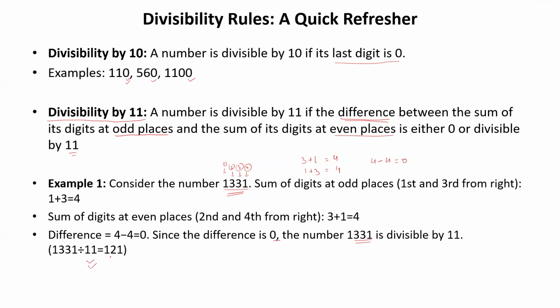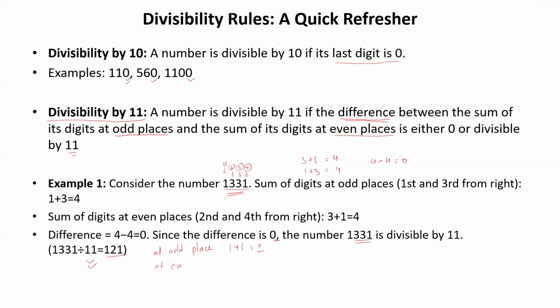Okay. Now check 121. So at odd places. What are the digits at odd places? Odd places means first, third, fifth place. So it is 1 plus 1, and that is equal to 2.